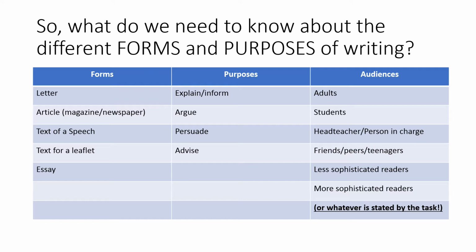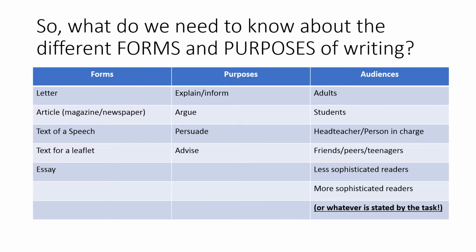And then audiences. What kind of audiences might you be given a hint at who the task is for? So it might be a task that you can tell is for adults. It might be a task that is specifically designed to be for students. It might be for someone very senior or managerial, a head teacher, or a person in charge of a company. The audience could be teenagers or friends or your peers. It could also be less sophisticated readers or more sophisticated readers.